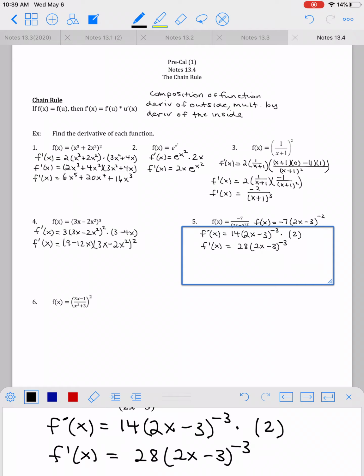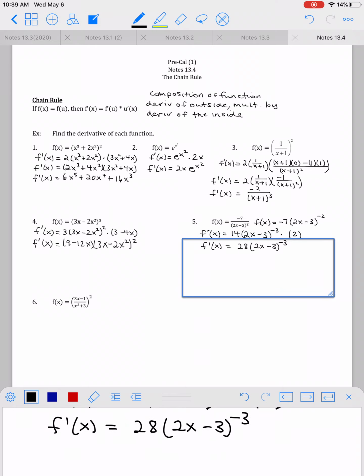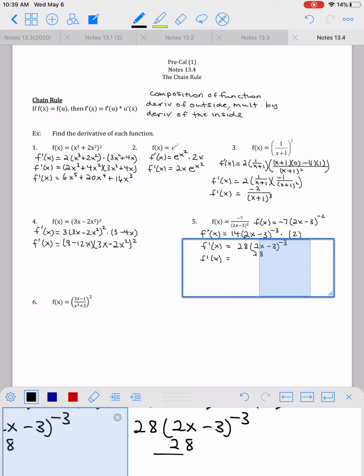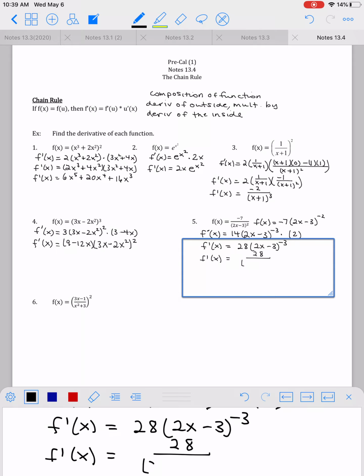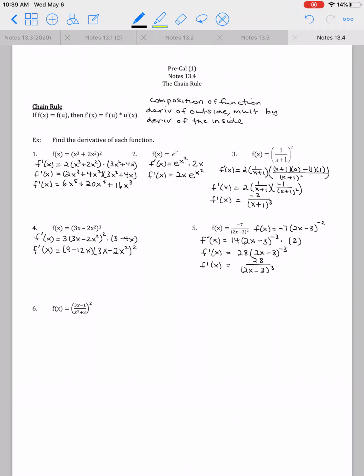And remember, negative exponents, it just depends. Usually they'll want you to put that in the bottom, if it's simple. 28 over 2x minus 3 to the third. And that was, again, the derivative with the chain rule.